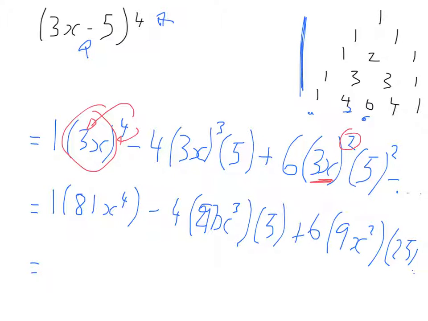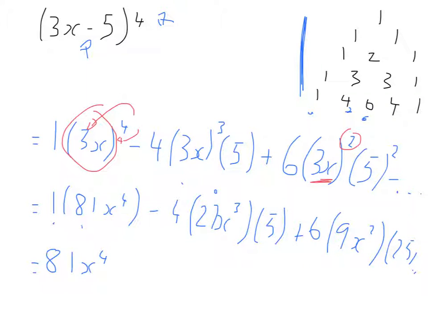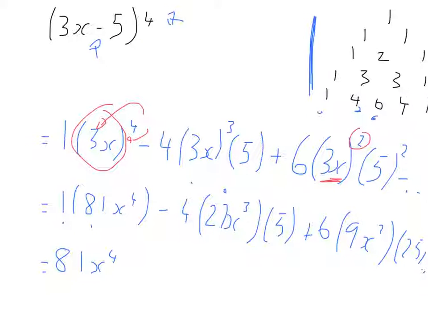Okay, so excuse the wonky writing here, and then the next step would be just to multiply all those coefficients together. So 1 times 81 is 81, and then x to the power of 4. 4 times 27 is 108, and 108 times 5 is 540, so it would be minus 540 x cubed.